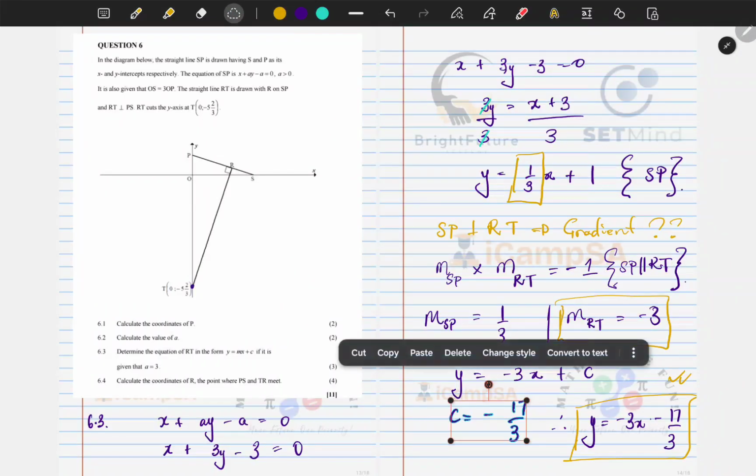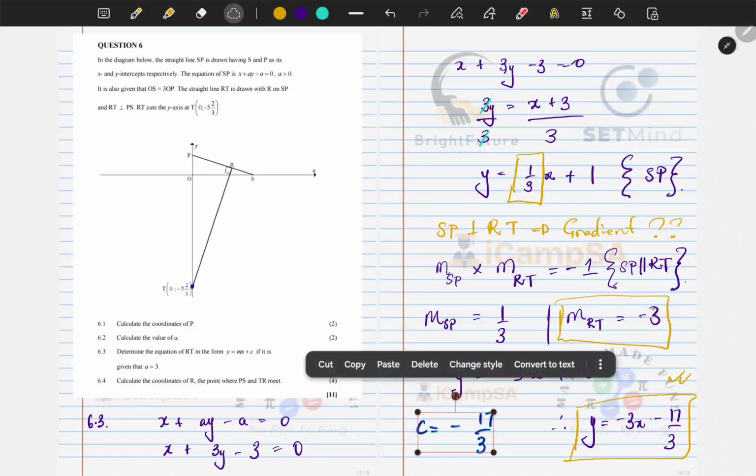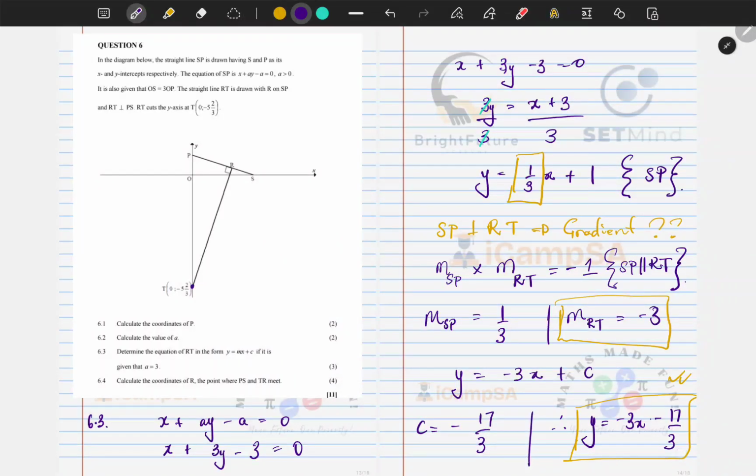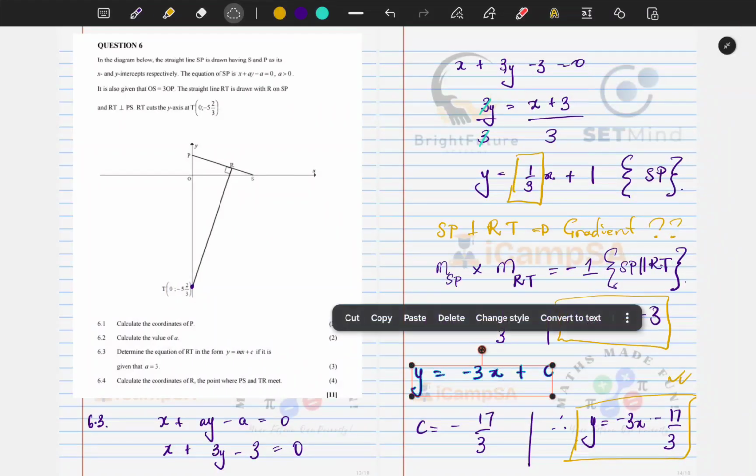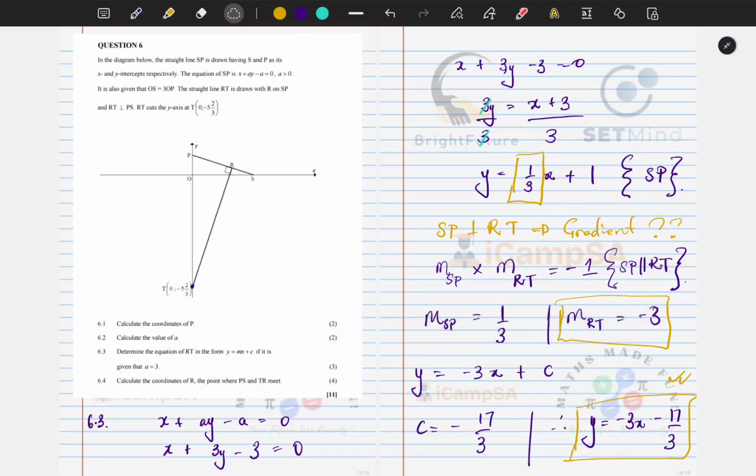So we can just take this a little bit here, right? Right, great. So the reason why we say c is going to be -17/3 is because T is a point on the y-axis, and RT passes through T, and the y of T will be the intercept, which is the y-intercept, where the graph of RT will pass through.